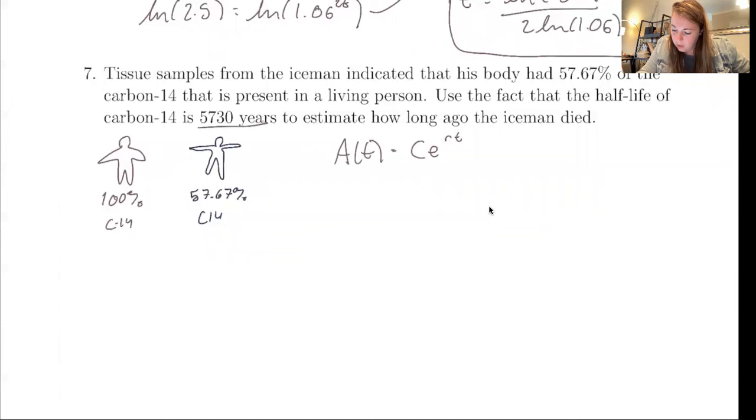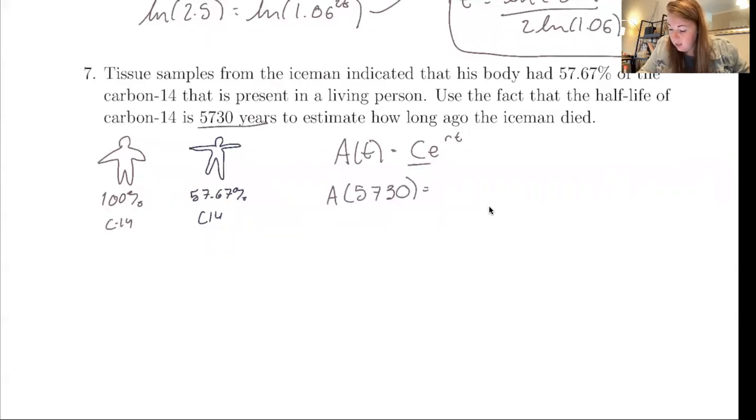Now I don't know what C is, but I don't actually need to know it, which is pretty cool. So I know that at A of how many years is at our first half-life, we're going to have half of what we started with.